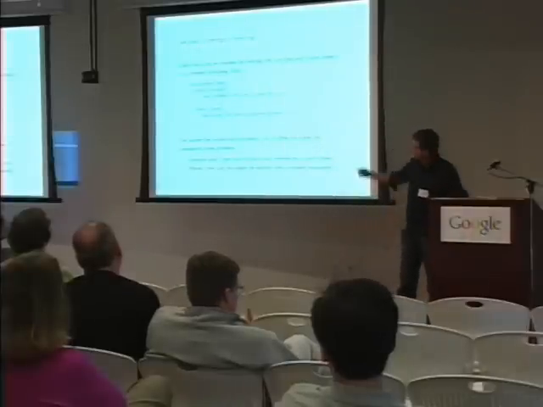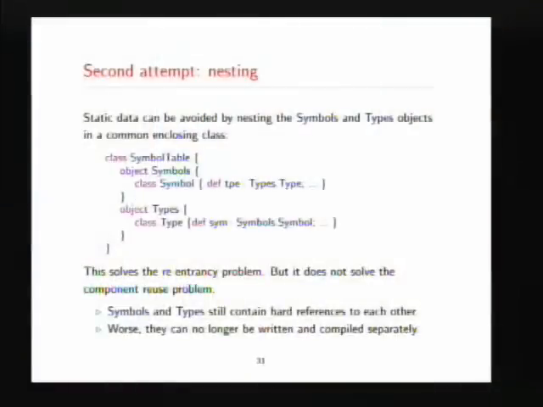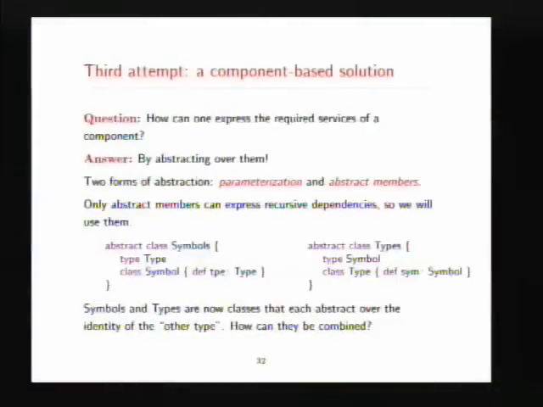So the question is, how can you get more or less that, but still maintain separate compilation and different source files? So the third attempt is a component-based solution, where the problem is, well, how can you express the required services of a component? In that case, we'd have two, symbols and types, and symbols requires a type abstraction, and types requires a symbol abstraction. And the simple answer is, well, abstract over them.